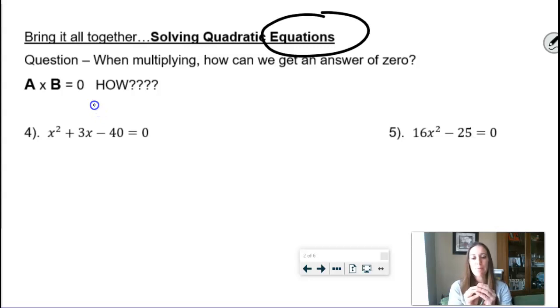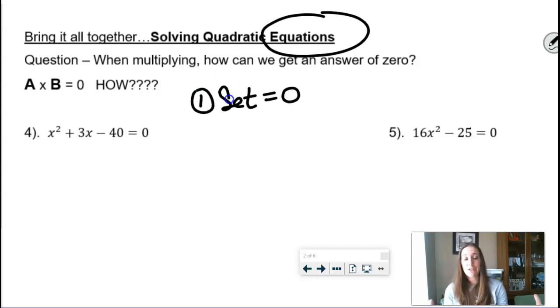We're taking what would be an addition problem, we're factoring it into a multiplication problem, and now we can set those equal to 0 because that's a mathematical law. If you have a multiplication problem that equals 0, one of the multipliers has to be 0. So our first step in these questions is to make sure that it sets equal to 0.